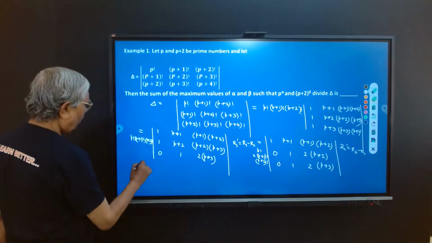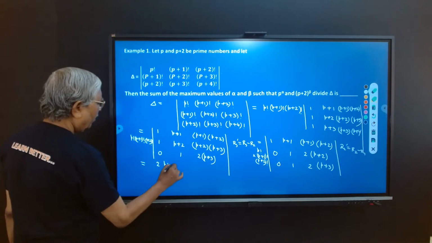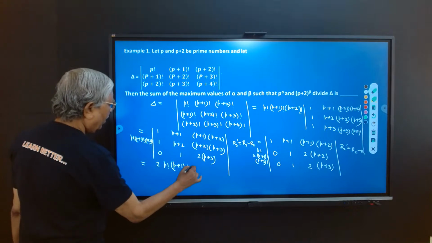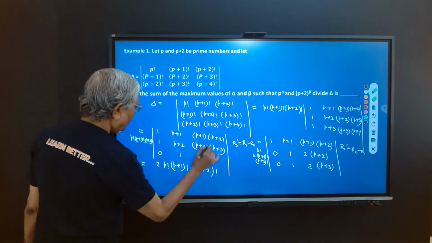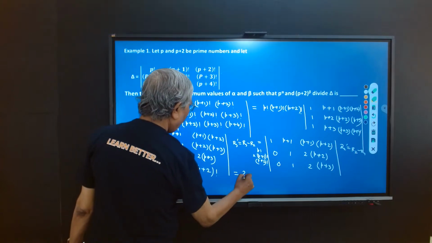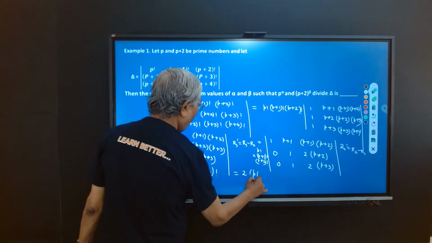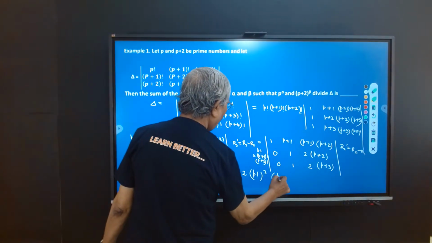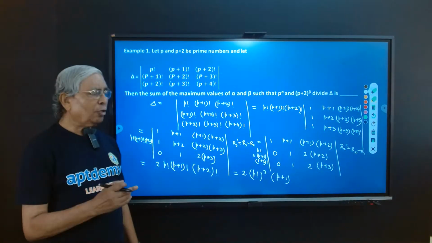After simplification, what do you get? 2 into factorial p, factorial p plus 1, factorial p plus 2, expanding this. This you can write as 2 into factorial p whole cube into p plus 1, because factorial p plus 1 means factorial p into p plus 1.